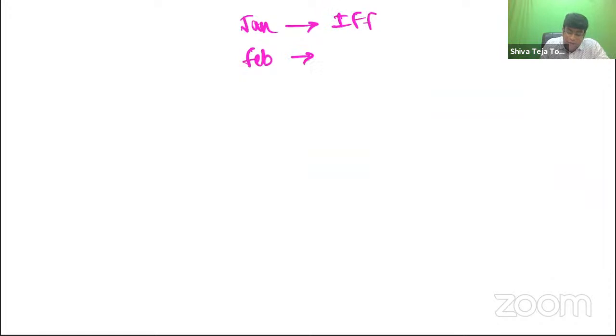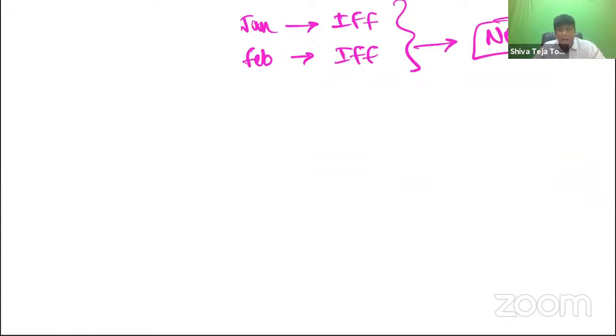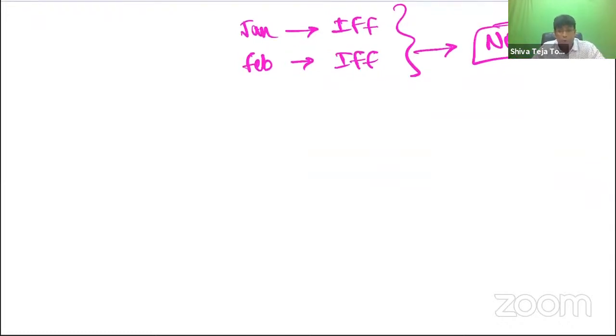Next, another point, let me tell you what they told in the law. For January month and February month, when they are only doing IFF, these 2 months, no GSTR 3B, obviously because the name only says quarterly return, monthly payment. Even though GSTR 3B is filed on a quarterly basis, payment has to be done on a monthly basis.